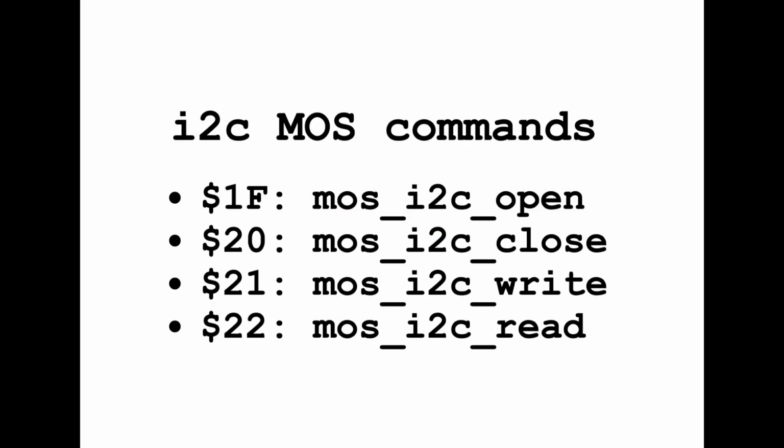Whether we're writing our code in BASIC, in C or Z80 assembler, the MOS operating system provides us with 4 commands to help us. Commands to open the i2c bus and to close it, as well as writing data and reading data.